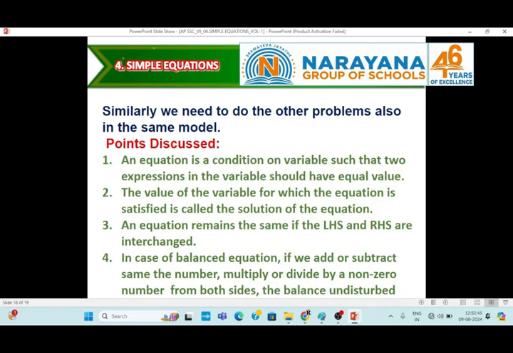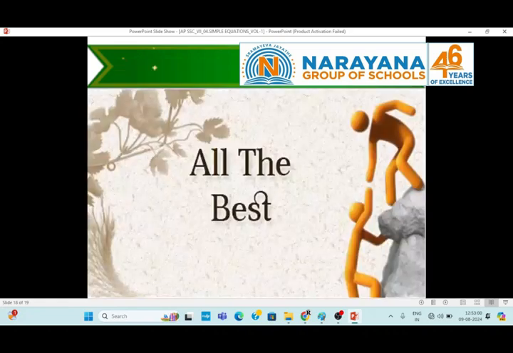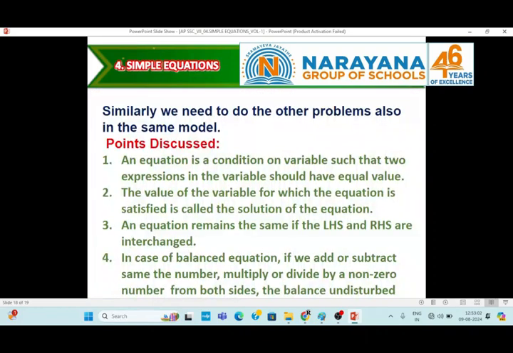In case of a balanced equation, if we add or subtract the same number, or multiply or divide by the same non-zero number on both sides, the balance should not be changed. The balance remains undisturbed. So these are the points we discussed so far in this chapter.